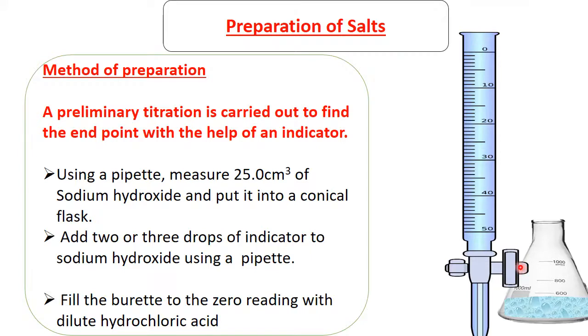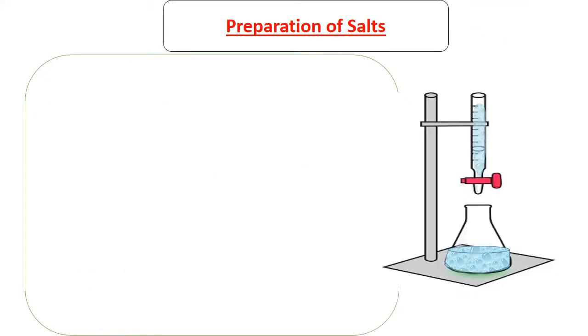When you have locked it, you can pour your acid here up to when it is at 0. Okay, so that's how the burette works. So when you fill the burette to the 0 reading with dilute hydrochloric acid, it is mostly done when the apparatus is set up like this.